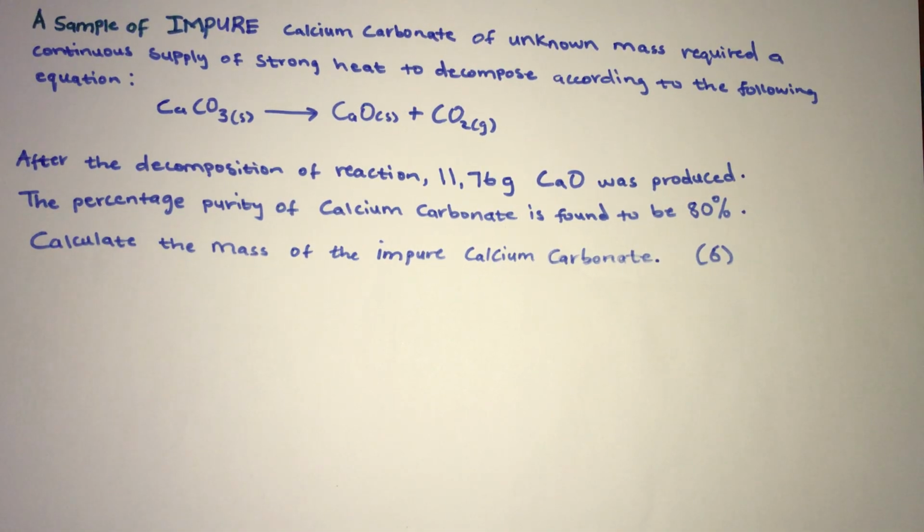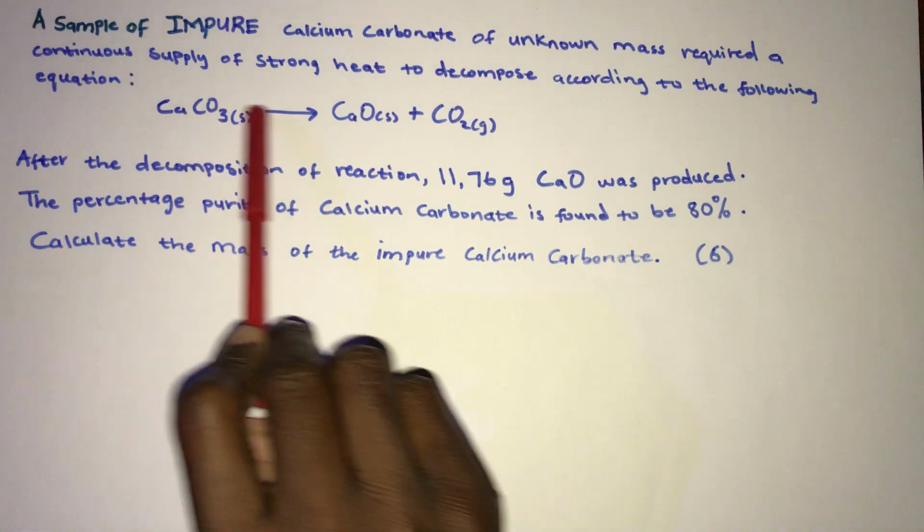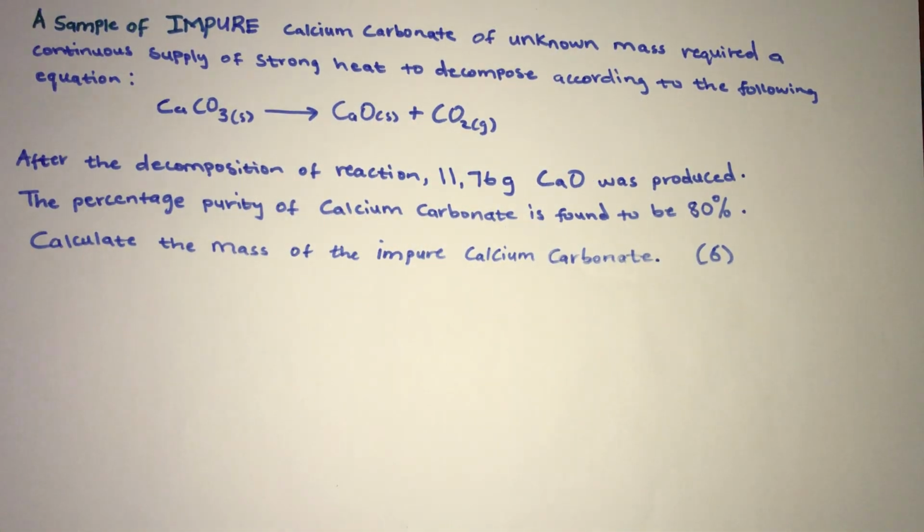Okay, so let's check. You can pause the video if you like and try it out. A sample of impure calcium carbonate of unknown mass required a continuous supply of strong heat to decompose according to the following equation. As you can see, this is the equation.